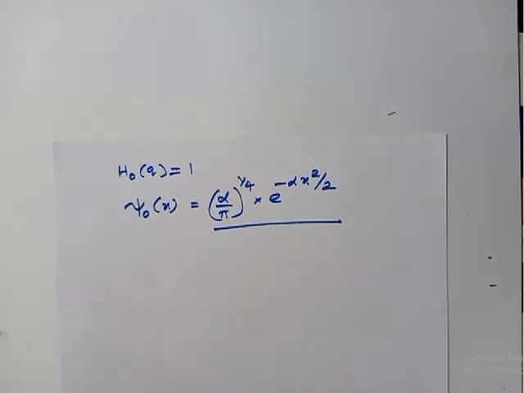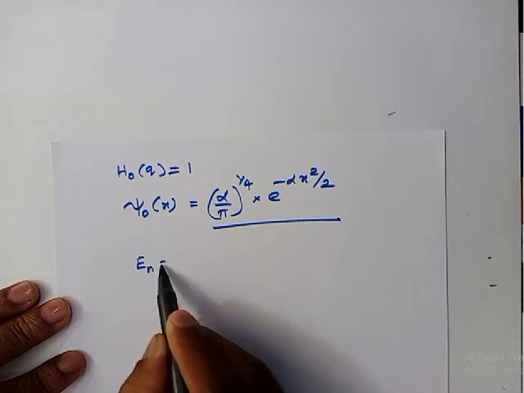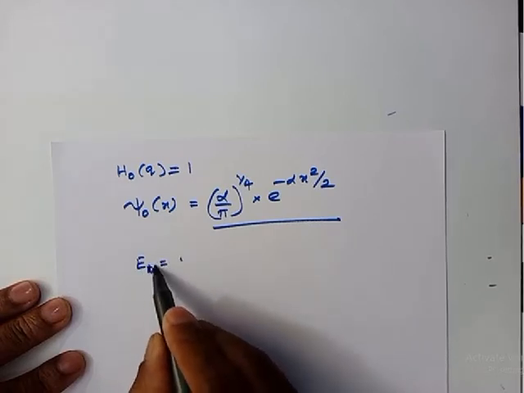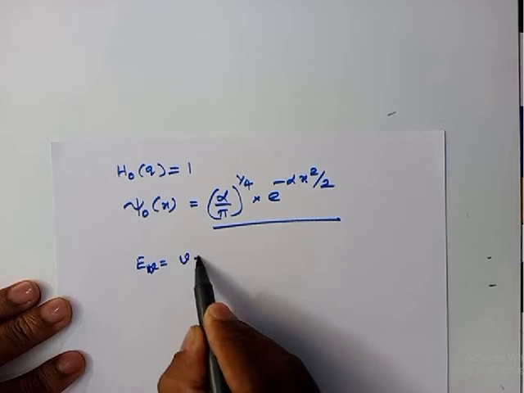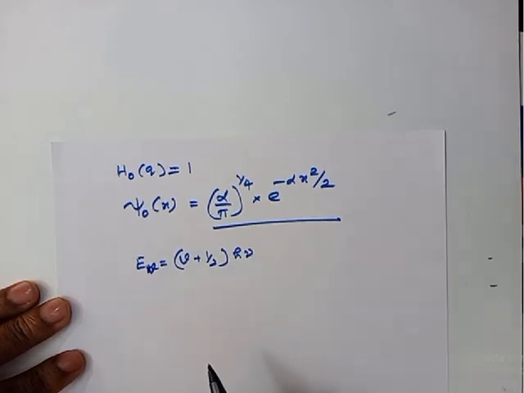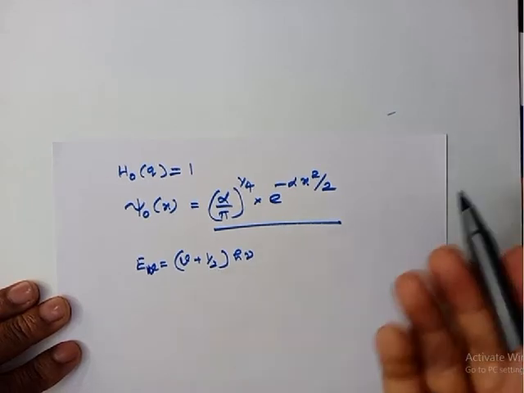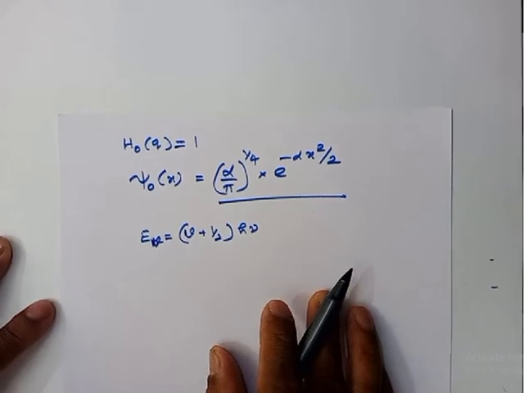And you know the expression for energy: E v equal to v plus half times h nu, where this half h nu corresponds to the zero point energy of the molecule.